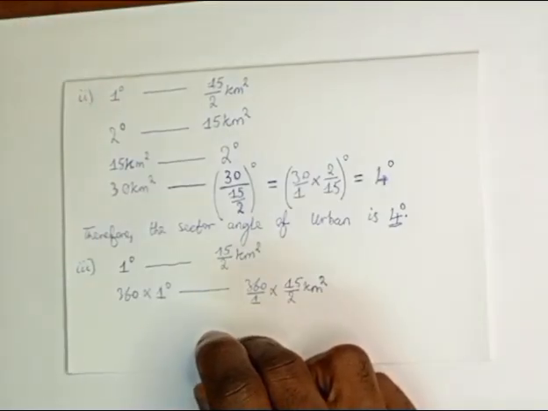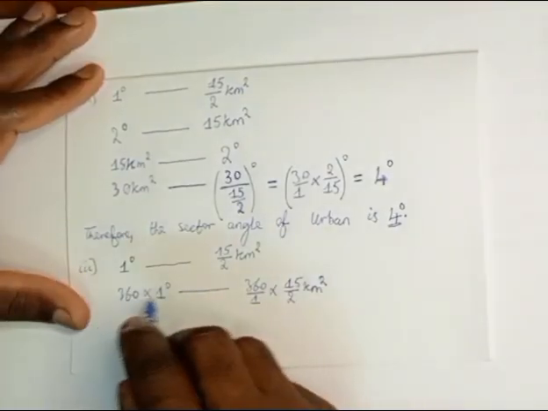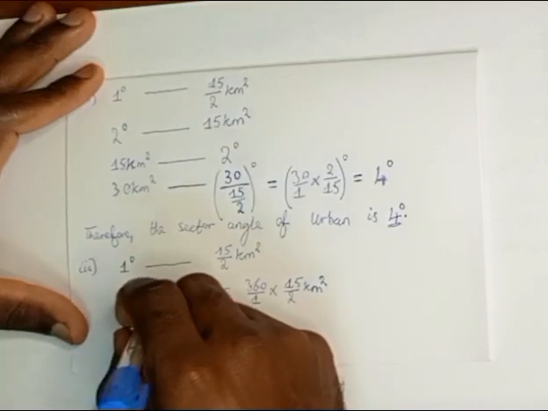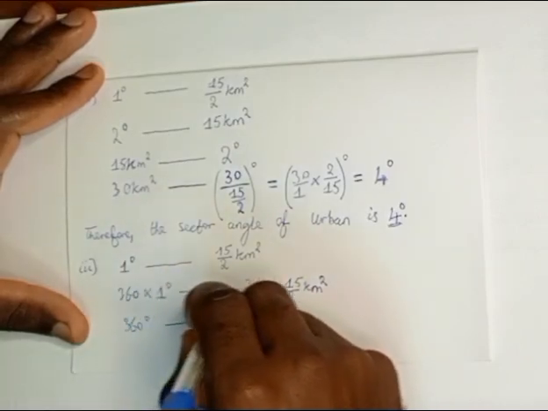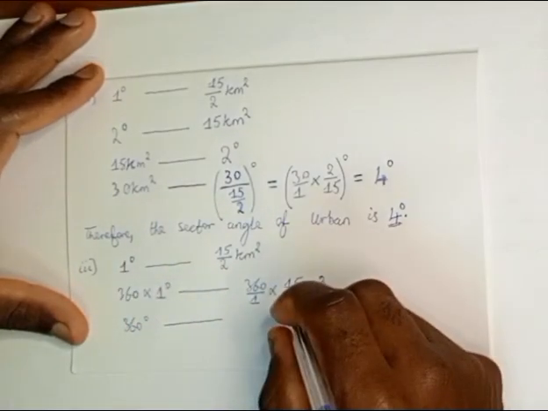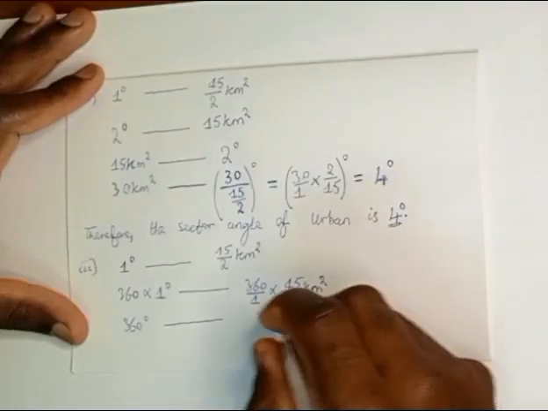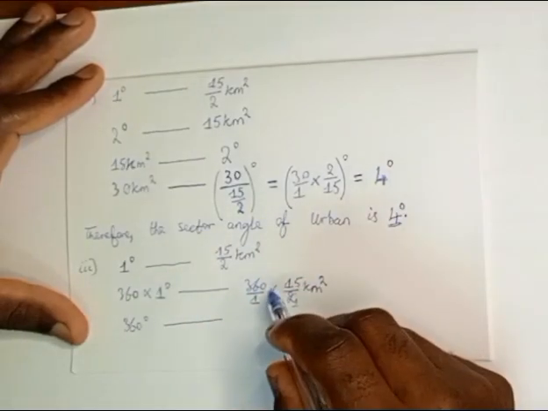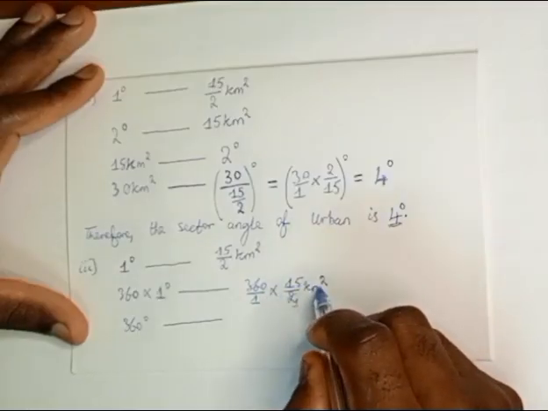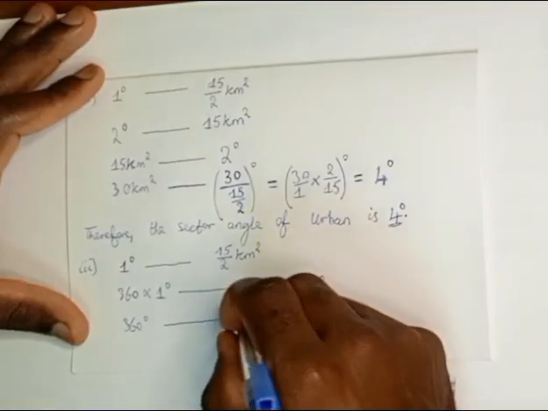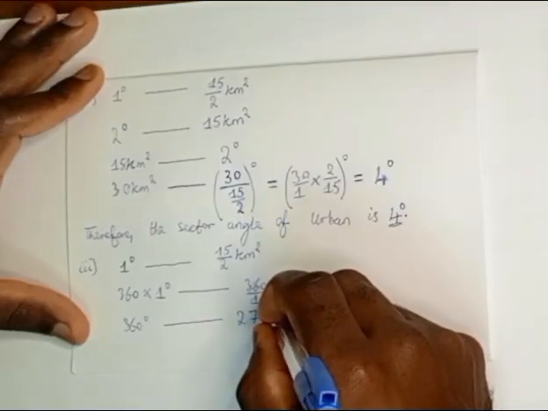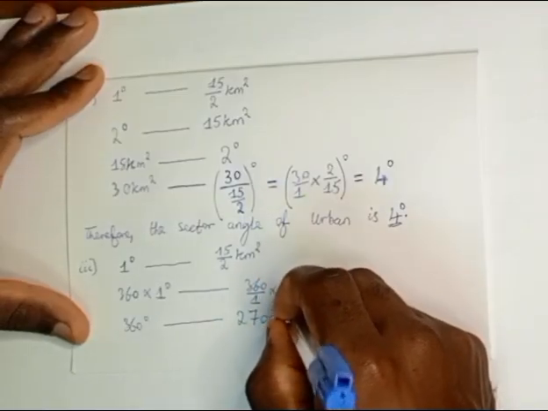This is what we are going to obtain. At the left hand side, 360 times 1 degree gives us 360 degrees, representing an area of, 2 will go into 360, 180 times. 180 times 15 kilometers squared gives us 2,700 kilometers squared.